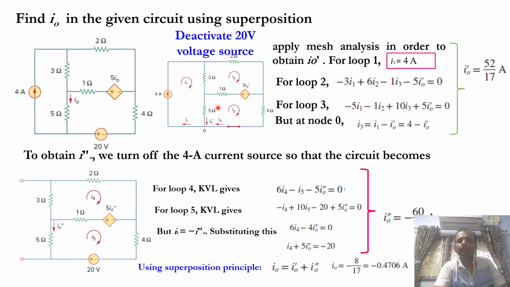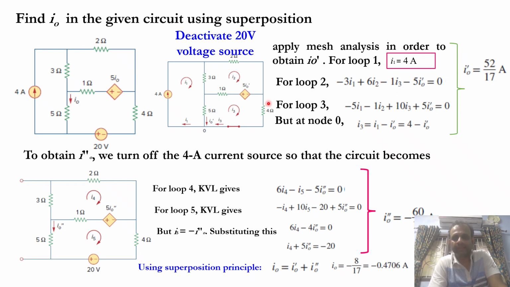So how to mark the direction of the current? It depends on how you want. If you write like this, then this is the equation. If you write in the opposite direction, then the equation changes. So depending on the direction of the current, you write the KVL equation.